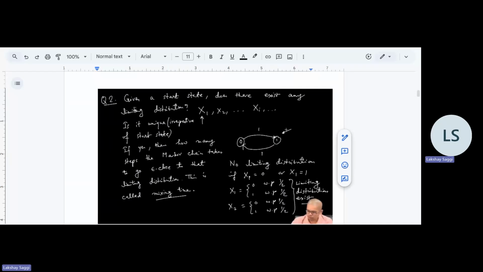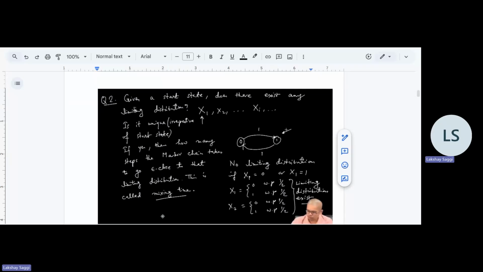If the limiting distribution exists, another important thing is to know how many steps we need to go into the Markov chain to get epsilon close to the limiting distribution. At what time step t does the distribution Xt look close to X infinity? This time is called mixing time.